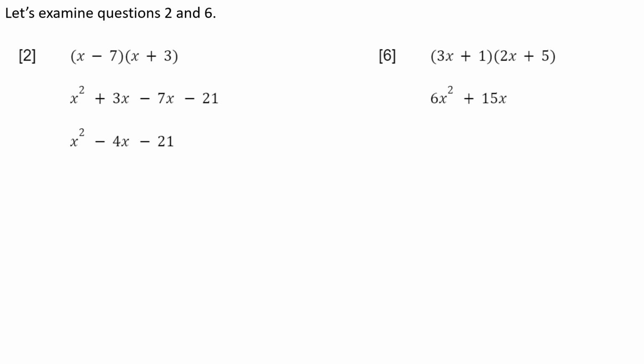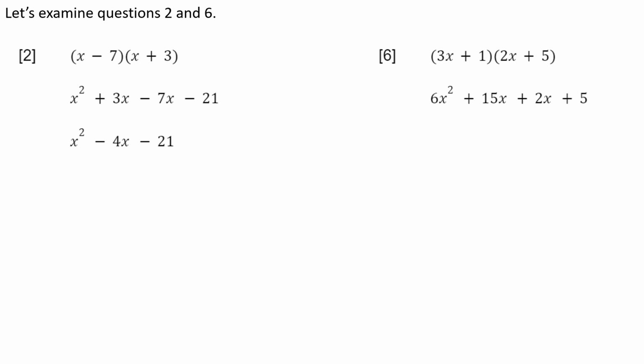There's a plus in the 5, so I put a plus in front of the 15x. Inner, 1 times 2x will be 2x. There's a plus on the 1, so I'll make it a plus 2x. Last, I've got to do 1 times 5, which is 5. Both of those are positive, so it'll be a positive 5.